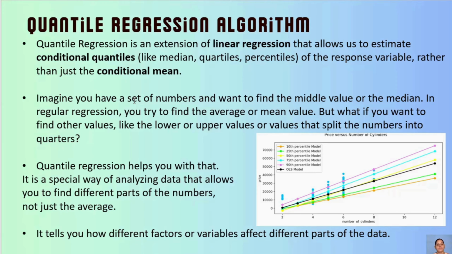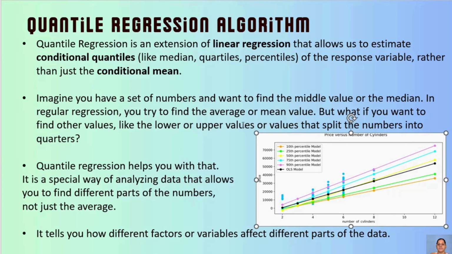However, in quantile regression, we consider different quantiles, such as the 10th percentile, 25th percentile, and 50th percentile. You consider those percentiles and see how it behaves with different predictor variables.